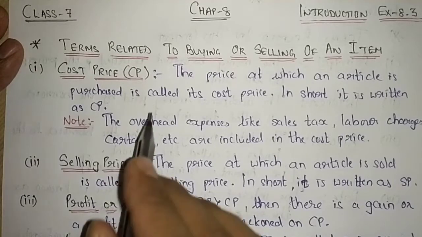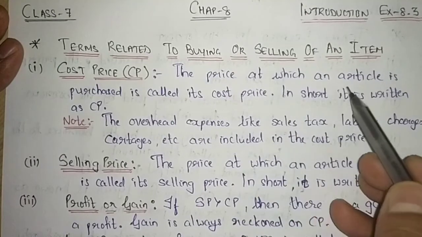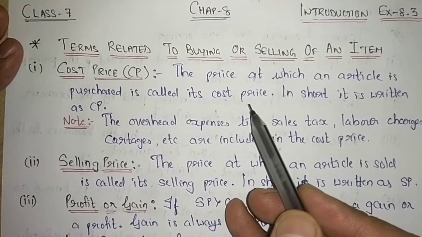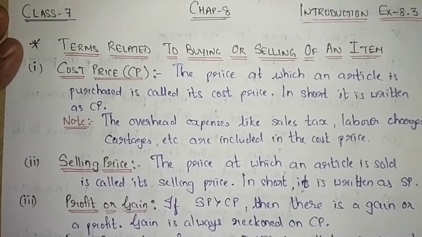Students, the definition of cost price is: the price at which an article is purchased is called its cost price, and in short we write it as CP. Suppose I am a dealer of cars. I sell cars. So if I have bought the car for 5 lakh rupees, that is my cost price.